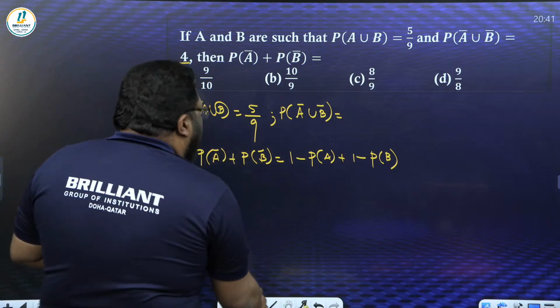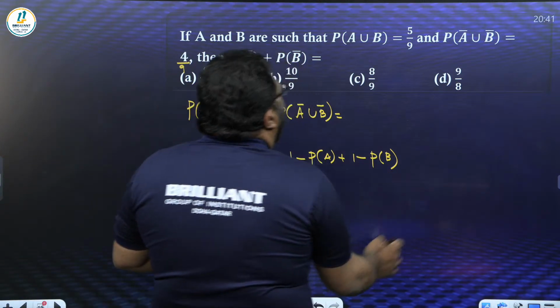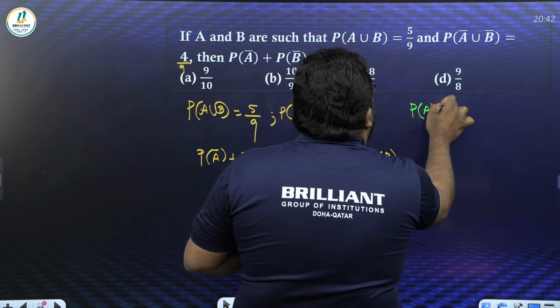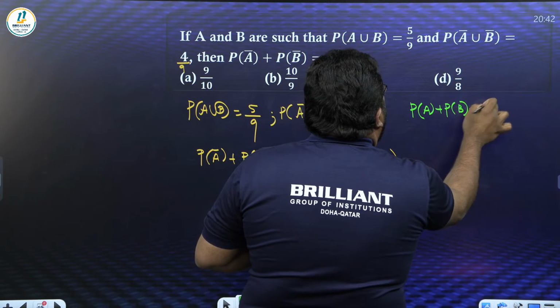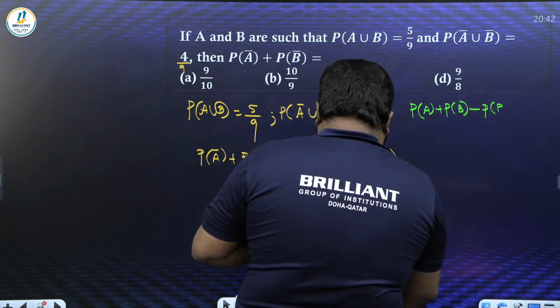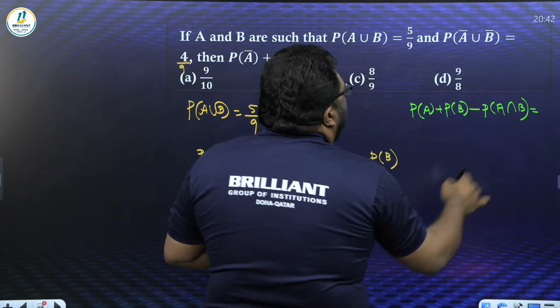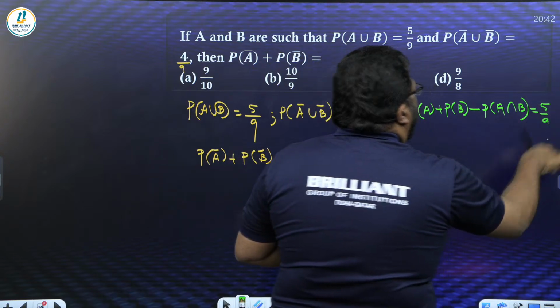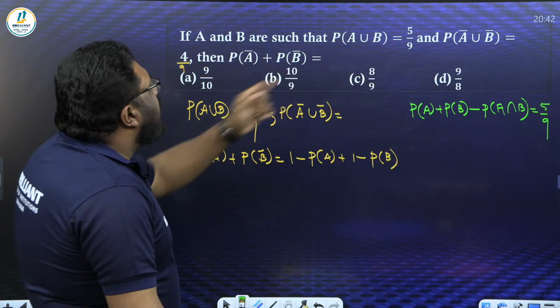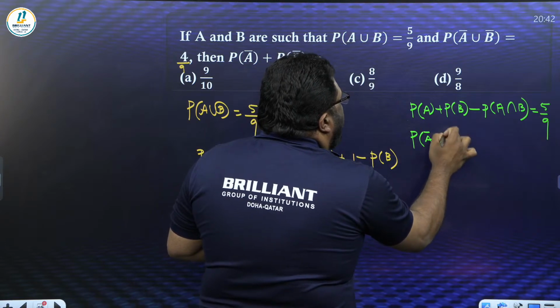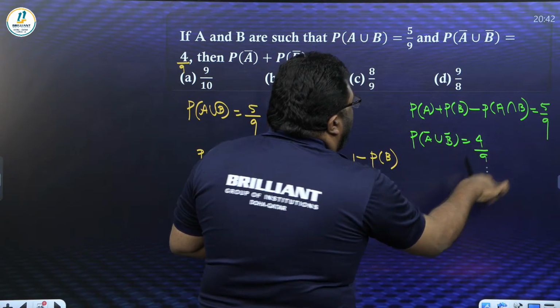Okay, they have given me P of A union B. What's P of A union B? 5 by 9, right? But I know that it is P of A plus P of B minus P of A intersection B is equal to 5 by 9. This is the value they've given. They've also given A complement union B complement is equal to 4 by 9.